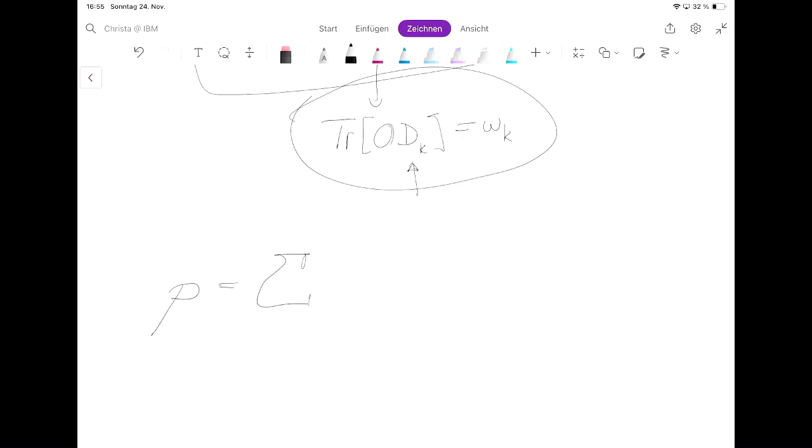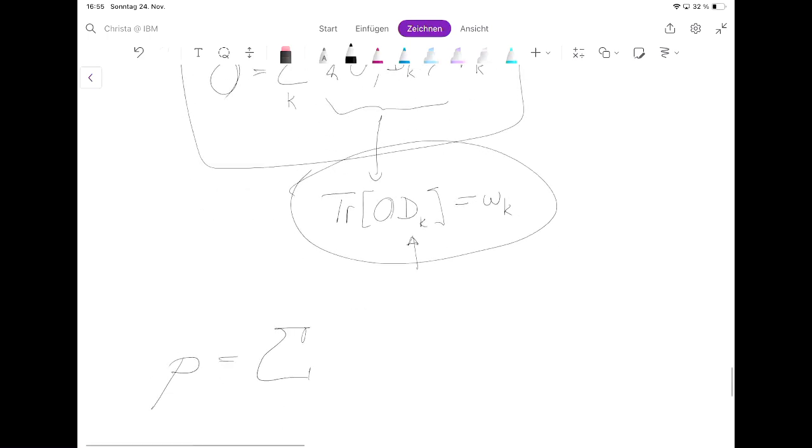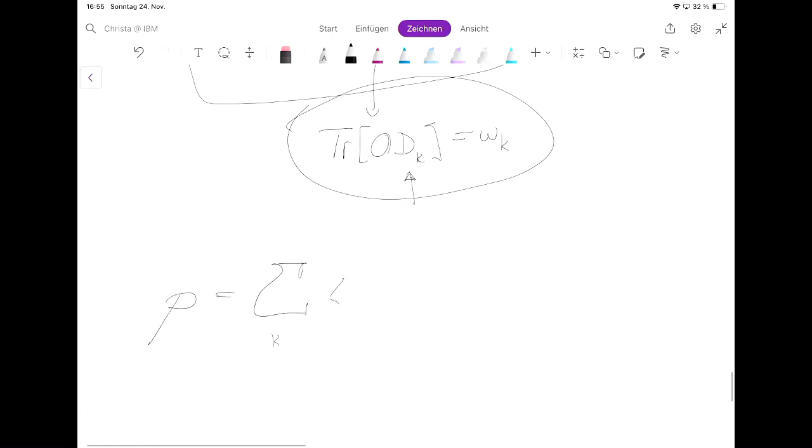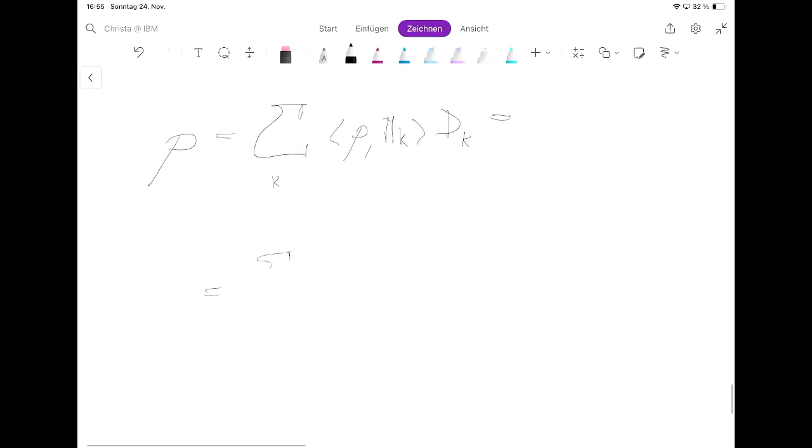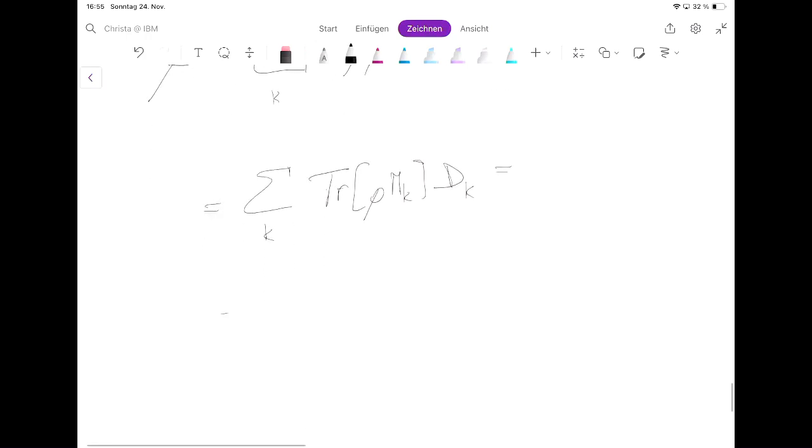Now I will do the opposite. I will not use POVMs and duals like I did for the observable, but I will use them in reverse. I will do a scalar product of the vector with the frame, and then use the expansion coefficients. This is the trace of rho and k times the duals. And thanks to the Born rule, this is nothing more than the probability of outcome k from the POVM times the dual.